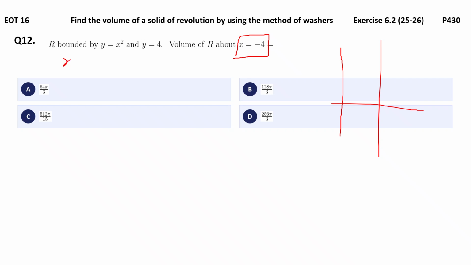So we have our x as plus or minus root y, and your function's upper limit and lower limit range between 0 and 4. Now let's analyze the outer radius. Since it is on the left side, we will start from the function, that's the positive side root y, minus of minus 4.